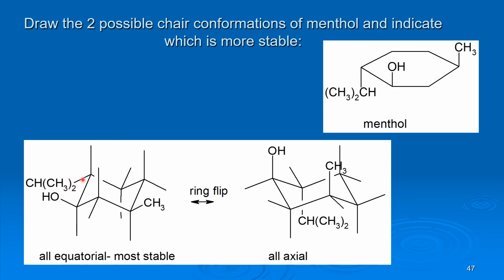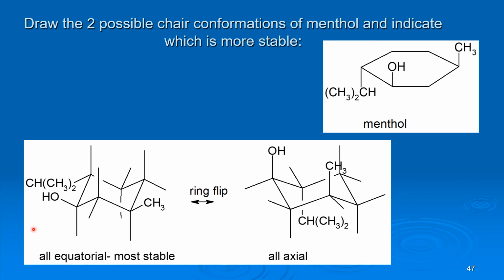It happens to be the equatorial in this case because it's the bottom of the 2 carbons. All right, so like I said, you can start anywhere. If I started with the CH3 here, then I would have the OH here on this carbon, and I'd have the isopropyl group here. So it doesn't matter, but you just want to get them the correct number of carbons apart, and you want to make sure that they're either cis or trans to each other, cis and then trans.